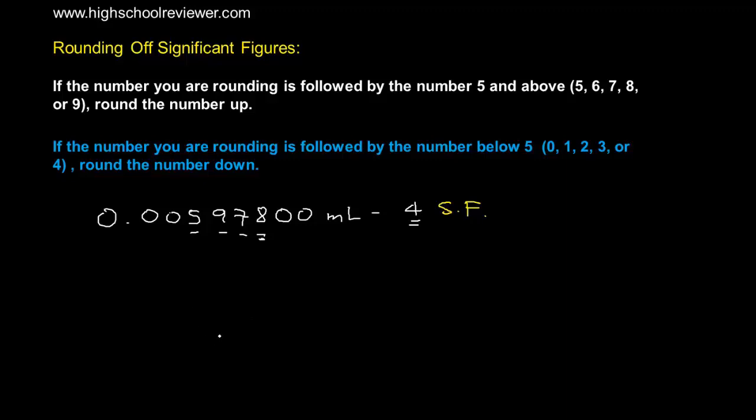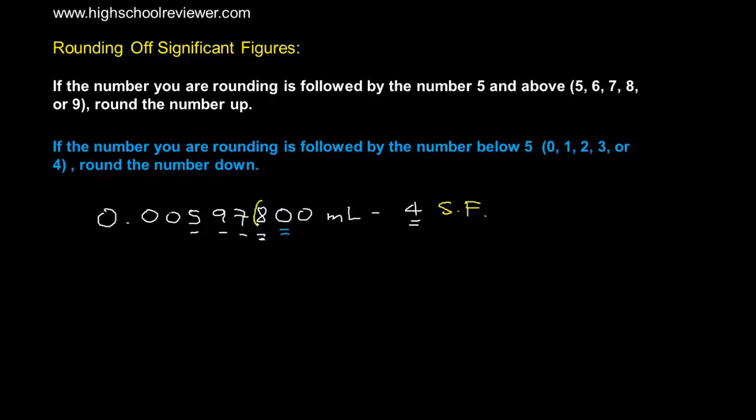And we are going to base our rounding off on the number to the right of 8. The number to the right of 8 is 0. Basing from our rule, if the number you are rounding is followed by a number below 5, since 0 is below 5, we are going to round the number down.